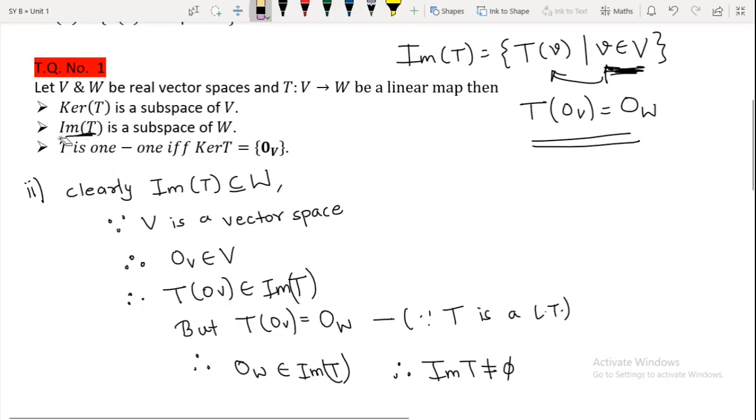In this case we have to show image of T is a subspace, so we will need two elements of image of T, right? But elements of image of T look like this. So I will take two elements of image of T as T of V1 and T of V2 for some V1, V2 belonging to V, right?